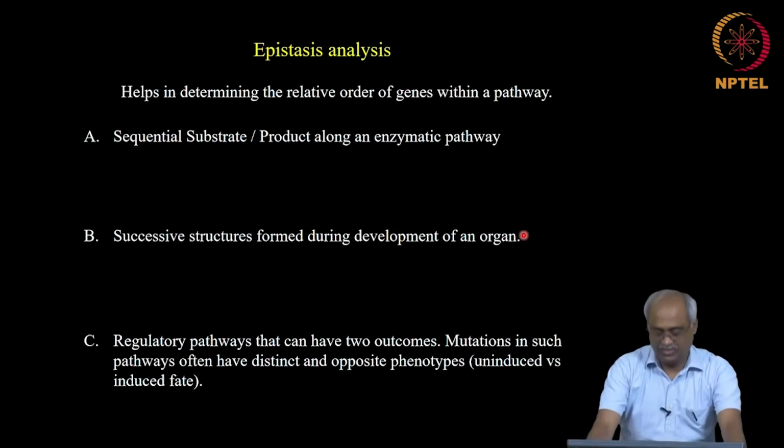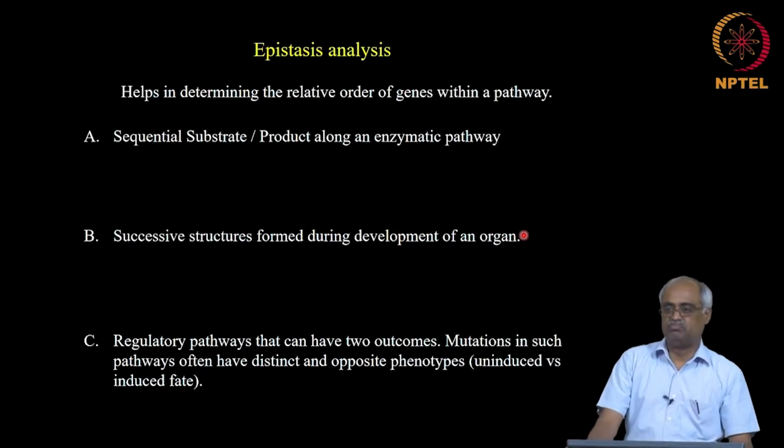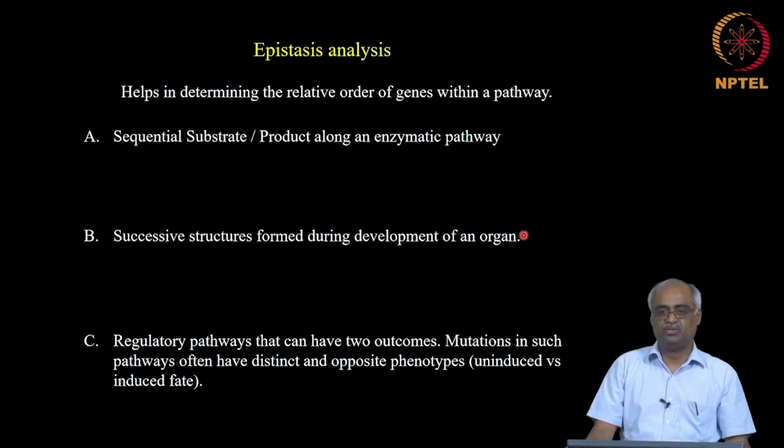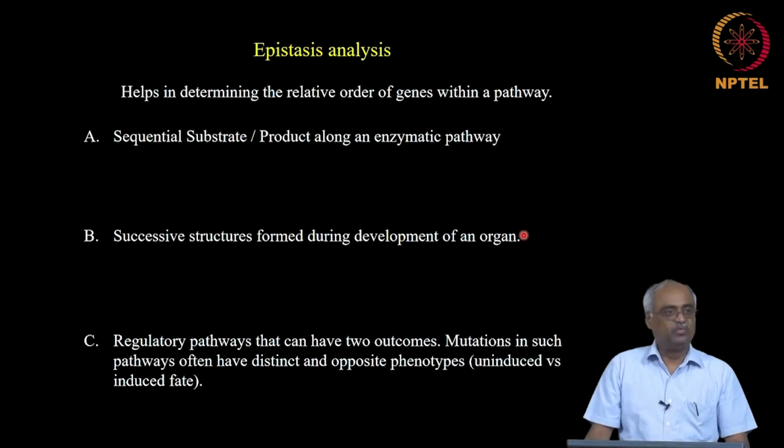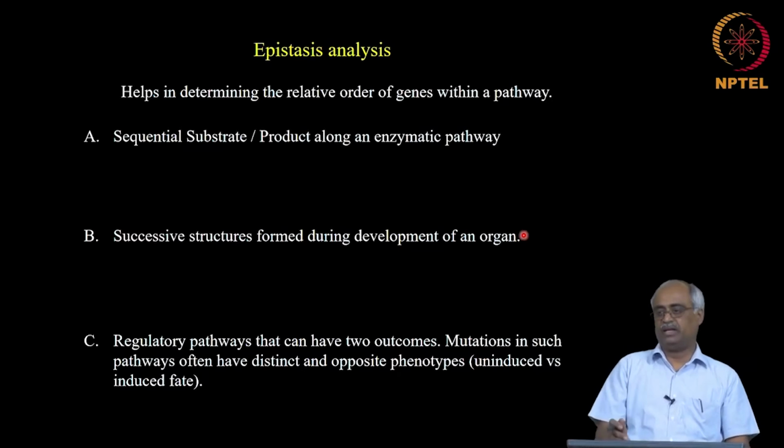So for example somebody is making something in an assembly line and you have too much of that product in your inventory and you are not selling enough and you do not want to make any more. For that you need to go to the manufacturing facility and tell them not to make, right. So there you will have opposite outcomes, either it is being made or not made. So there are two outcomes and they are opposite. So we will see how we will be able to identify genes that function in these kinds of pathways.